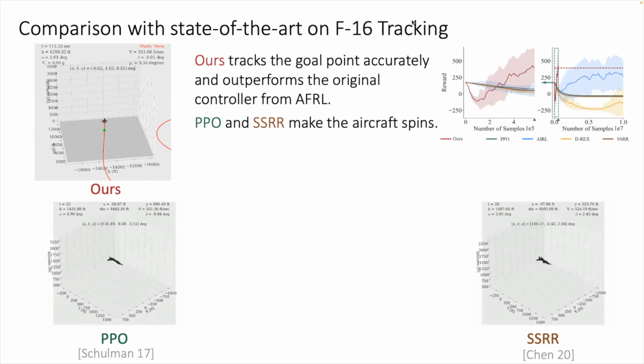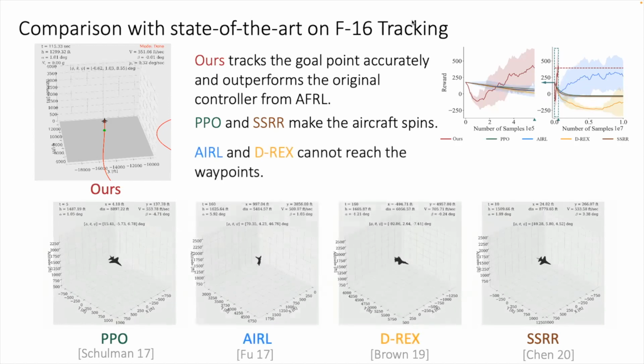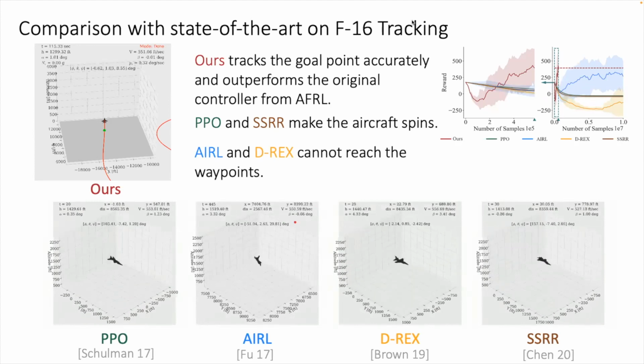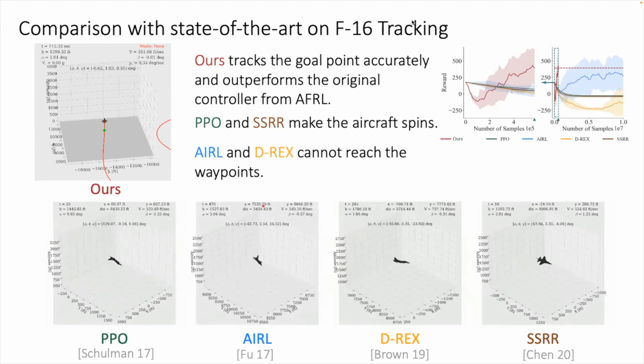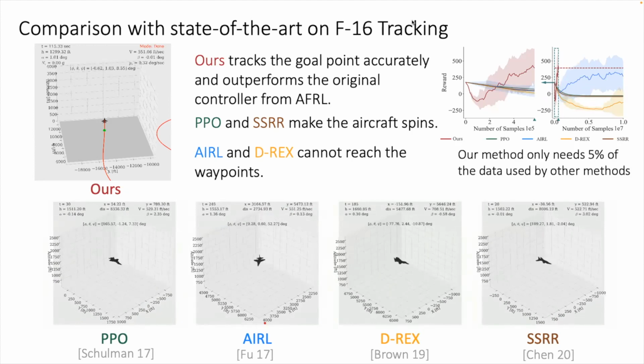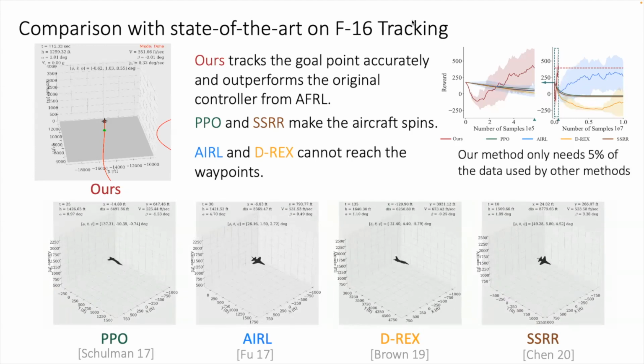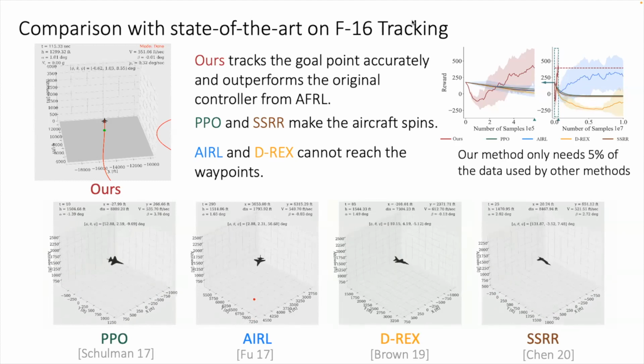We don't know why, but probably this is associated with reward hacking, because by spinning very fast, it's difficult to lose speed and crash. We have seen other reinforcement learning and imitation learning kinds of approaches. Some of them can fly fine, but they cannot really reach the waypoints that we want. Not to say that we only need 5% of the data needed by the other approaches.